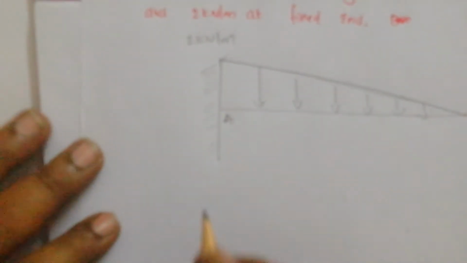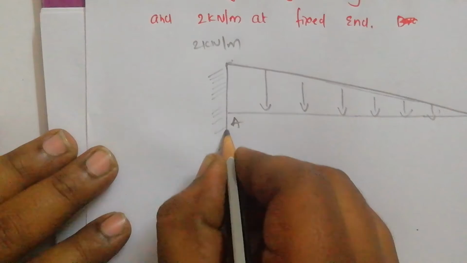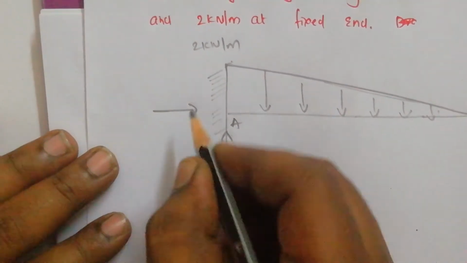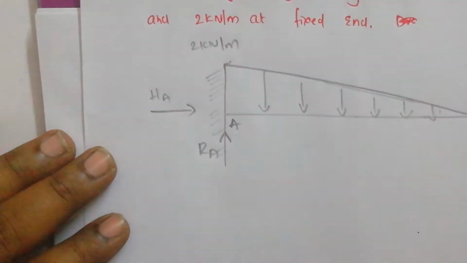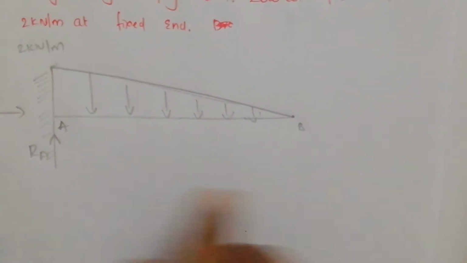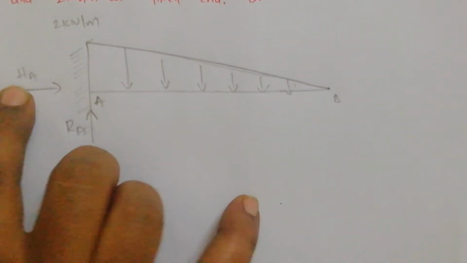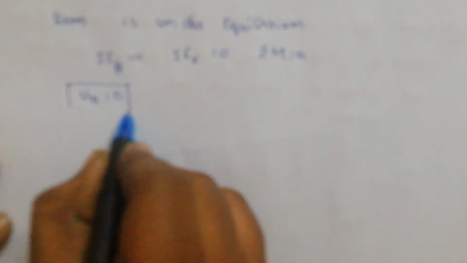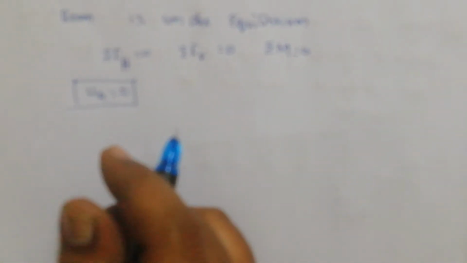So we draw two reactions here: one is the vertical reaction, which we write as RA, and there is a horizontal reaction which is HA. There is no horizontal load, so as per the equilibrium condition, summation of H is equal to 0 gives HA equal to 0.